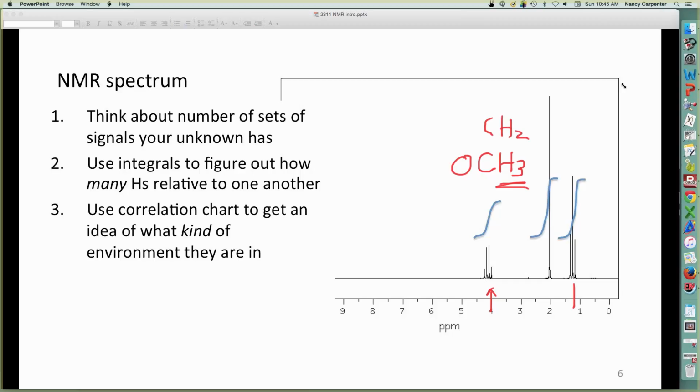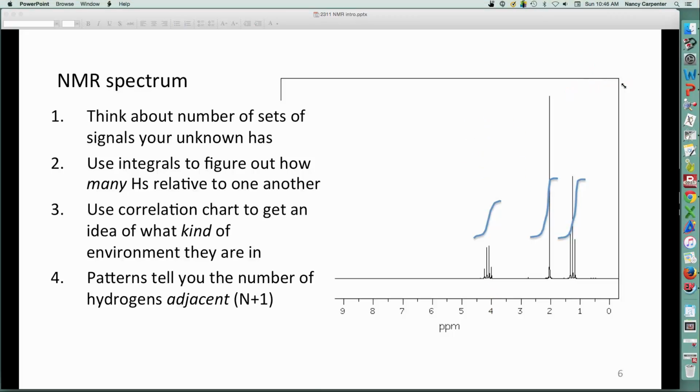So maybe a CH2 or a CH3 next to an oxygen. If you look at your correlation chart, this guy is a dead ringer for a methyl group next to a carbonyl. So your correlation chart is going to tell you what kinds of functionality is in the neighborhood. And of course your IR is going to be really useful for that.